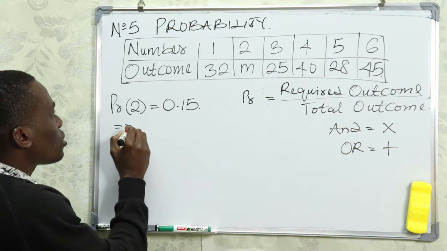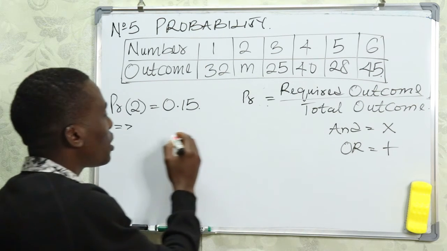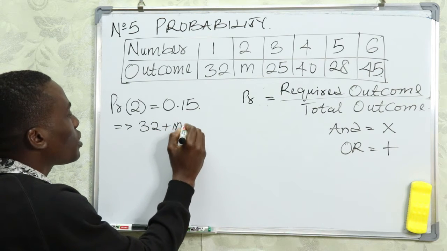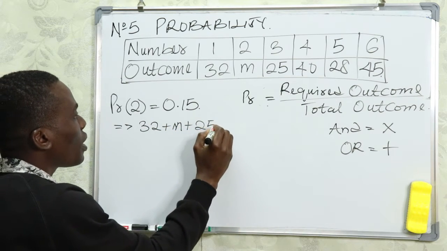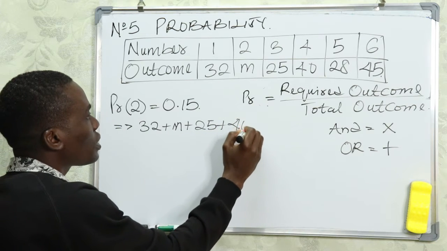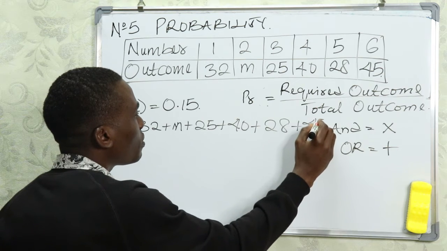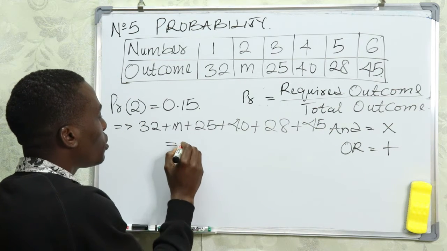For us to get our total outcome, we have to add all these parameters, and that will give us 32 plus m plus 25 plus 40 plus 28 plus 45.